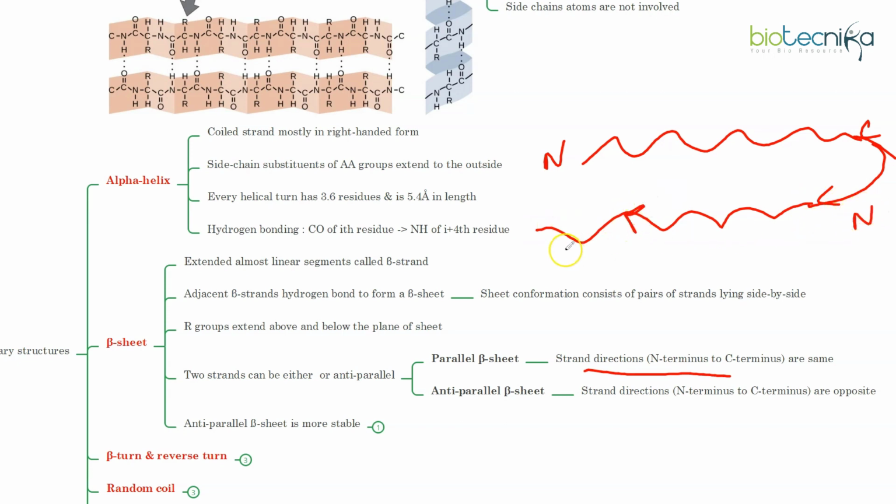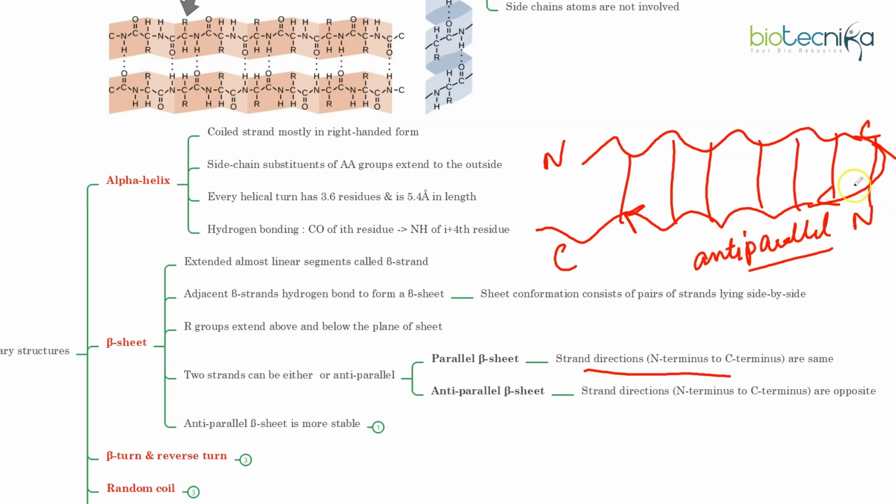So this side is N terminal, this side is C terminal. Then there will be hydrogen bonding between them. This is called an anti-parallel arrangement, where the senses are not matching, meaning the N terminal and C terminal. Note that the hydrogen bonding pattern is linear in the case of anti-parallel strands.